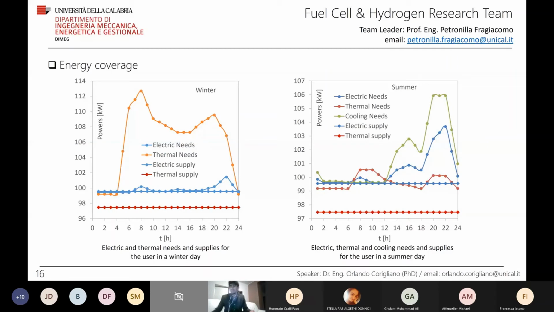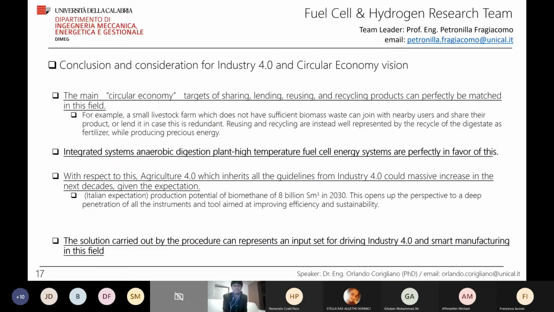Well, in this slide we have the conclusion and some considerations for the Industry 4.0 and circular economy vision. The main circular economy targets of sharing, lending, reusing, and recycling products can perfectly be matched in this field. In fact, the plants of these systems fit this kind of context well. For example, even small livestock farms can join in consortia to share their products or their resources.